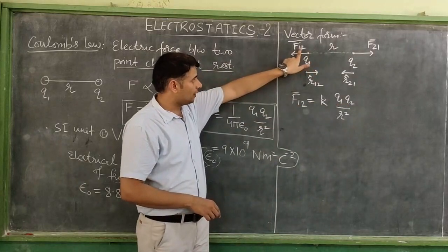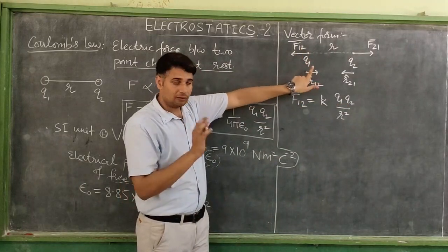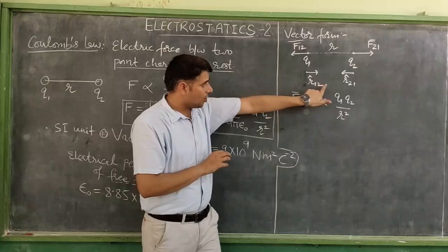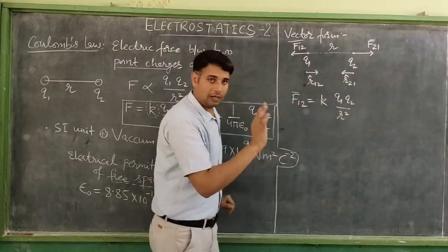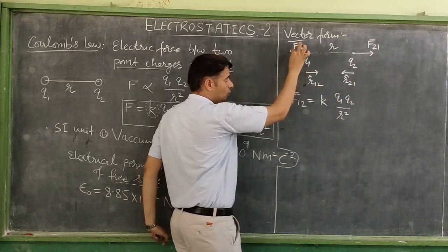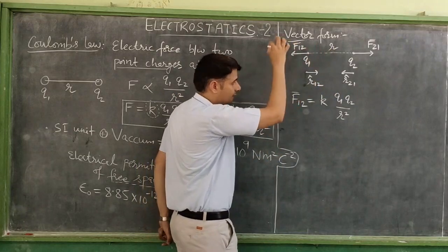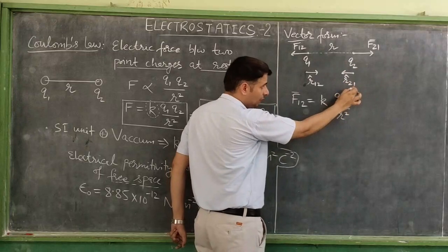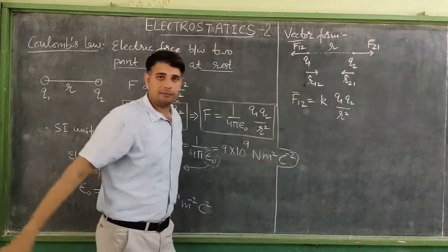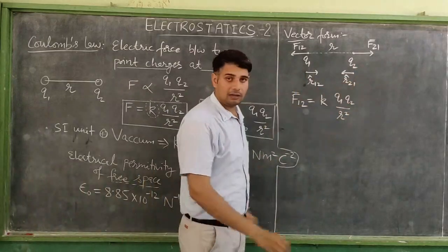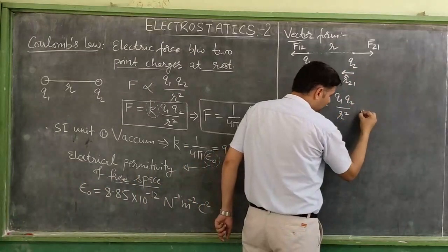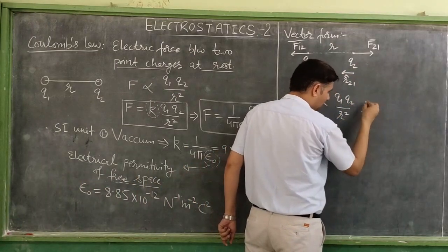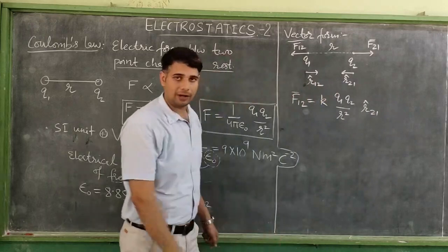So here you have to think whether it is along R12 cap or R21 cap. We are observing that this F12 is going towards left. Same way this R21 unit vector also is going in the left side direction. So that's why it is appropriate to assign R21 unit vector.